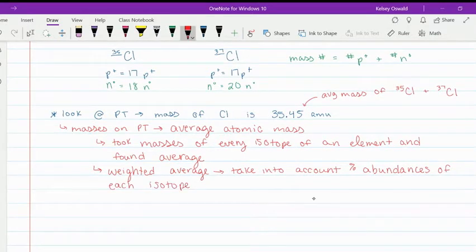And remember, the percent abundance is just how often they occur in nature. So how many Cl35 isotopes do we actually have? How many Cl37s do we actually have?